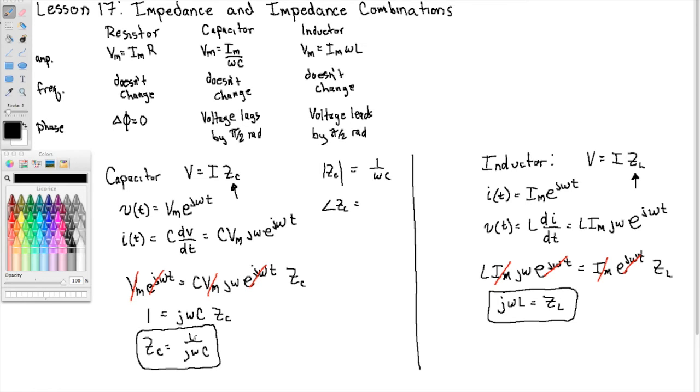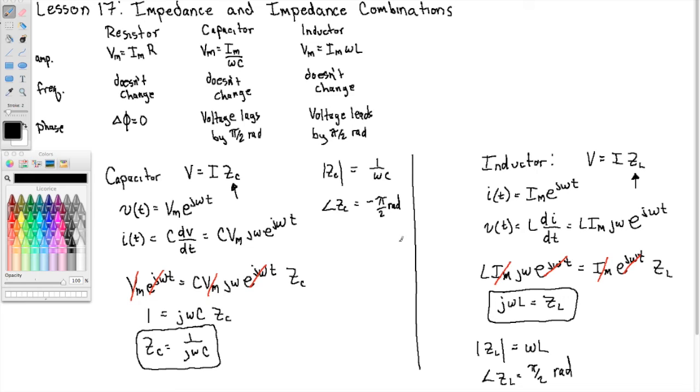Well, remember, 1 over j is like minus j, so the phase is minus pi over 2 radians. Right? And over here for the inductor, the magnitude of this thing is omega L, and the phase of this thing is pi over 2 radians.